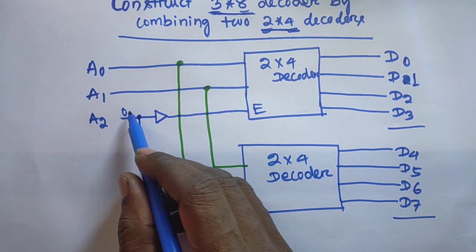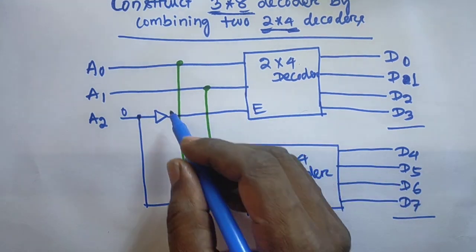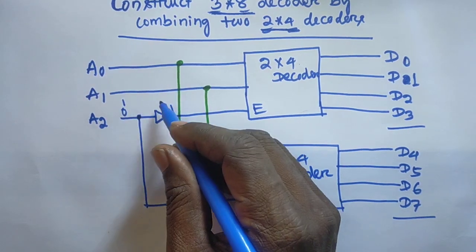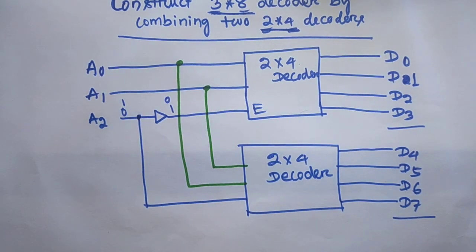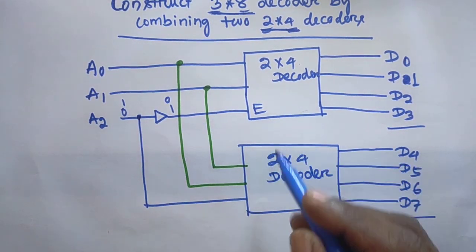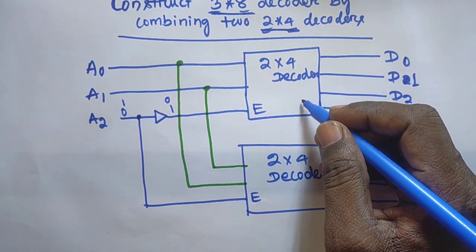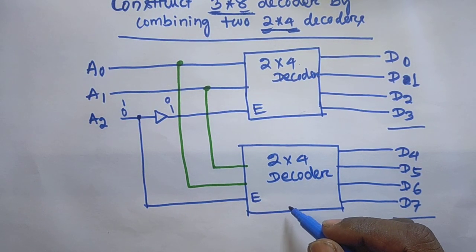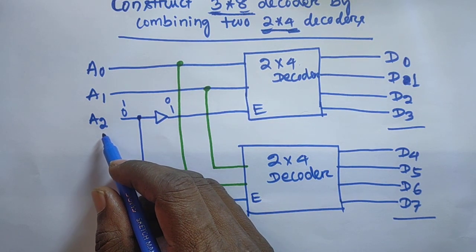If it is 0 it becomes 1, so it will be active. If it is 1, it becomes 0, so it will be inactive. So in this way, either this decoder will act or this decoder will act, depending on this third input.